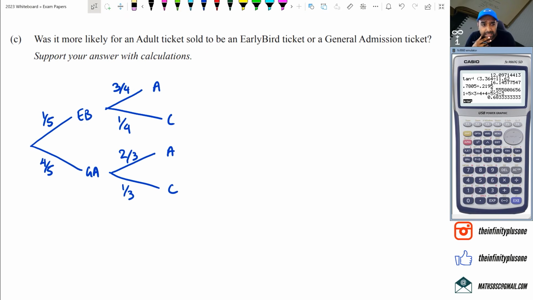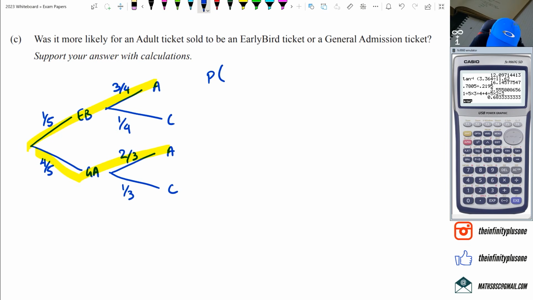Looking at part C here, as you can see, I'm using the same probability tree for this whole question. Now this question is asking, was it more likely for an adult to be sold an early bird ticket or general admission? So first off, what is the probability of early bird and adult, and then what's the probability of general admission and adult?